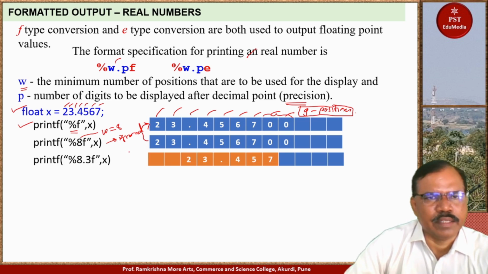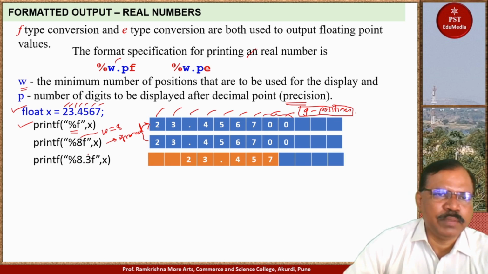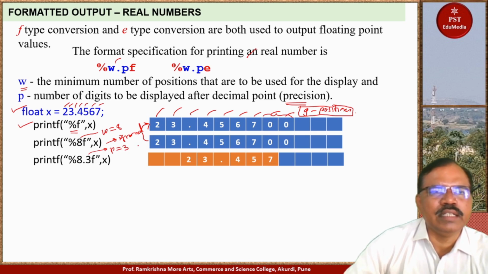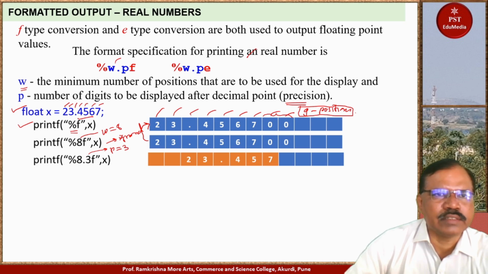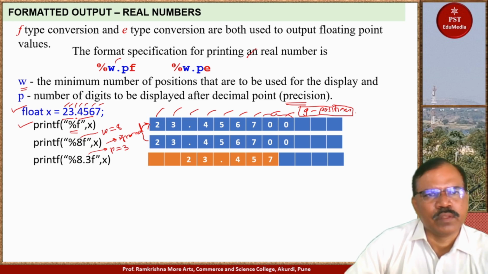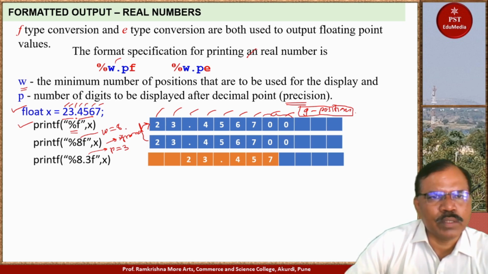But if we take printf in double quotes %8.3f, comma x. So the precision p is 3, so only 3 decimal places are taken. So 3 decimal places, the decimal point, and 23, in all 6 positions are required. So what happens here?